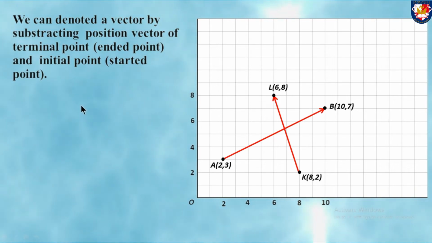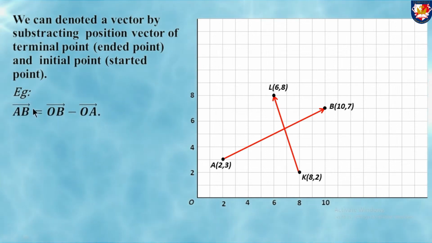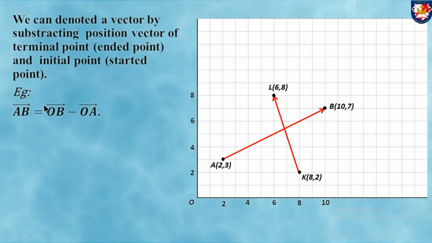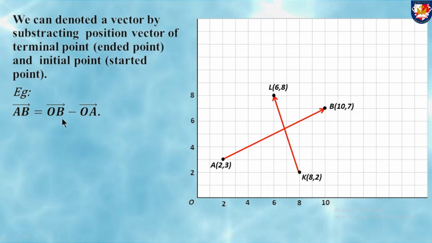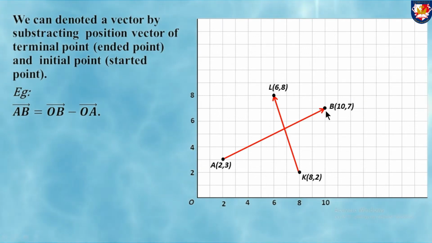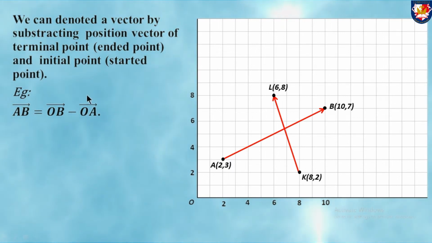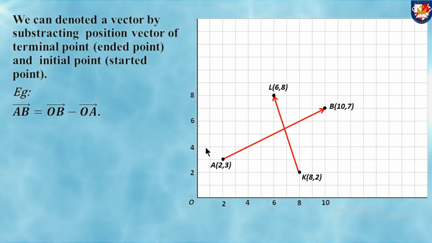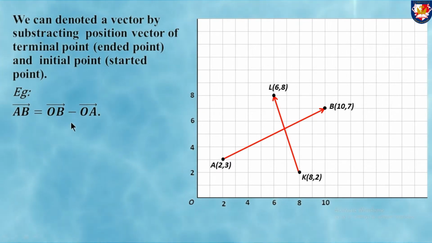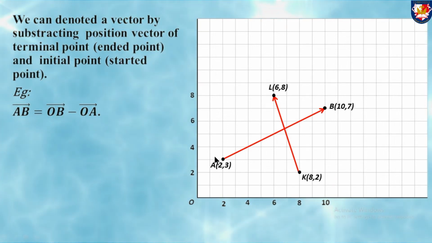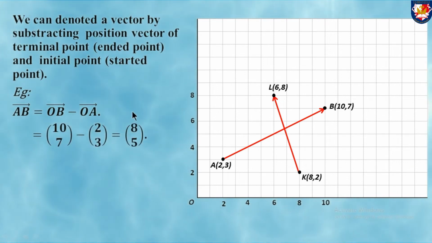So we can write vector AB as OB minus OA, where OB is the position vector of point B, the terminal point, and OA is the position vector of point A, the initial point. We know OB is 10 and 7 and OA is 2 and 3. So vector AB equals 8 and 5.